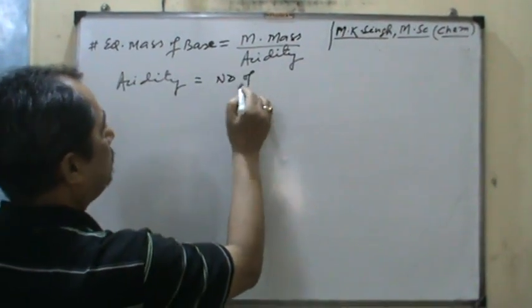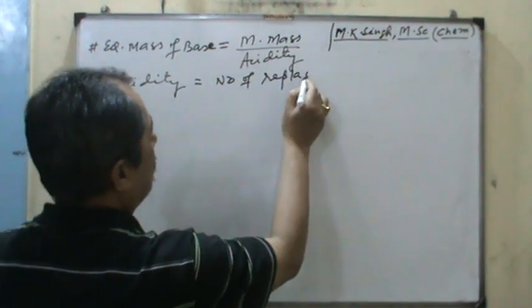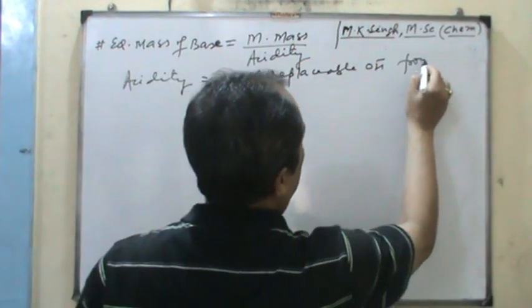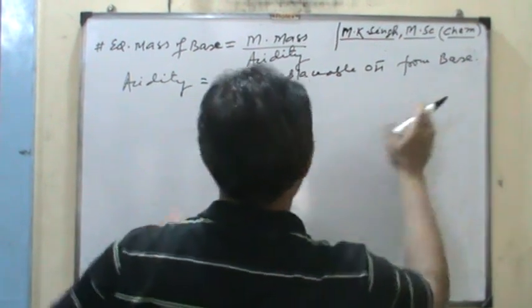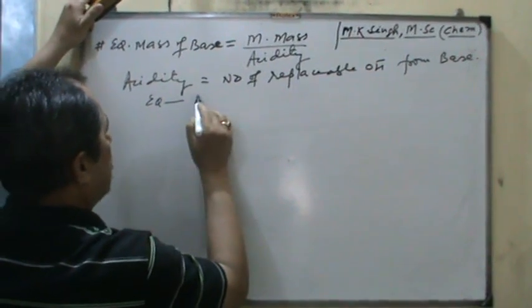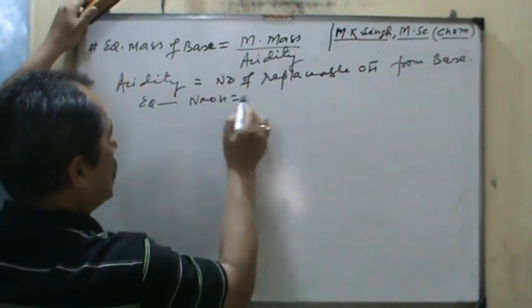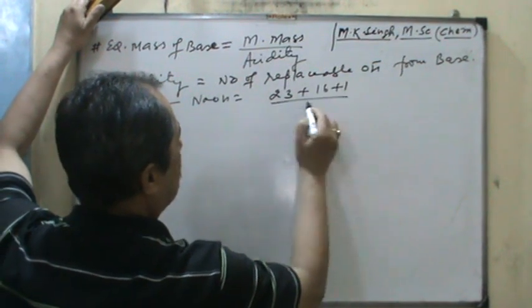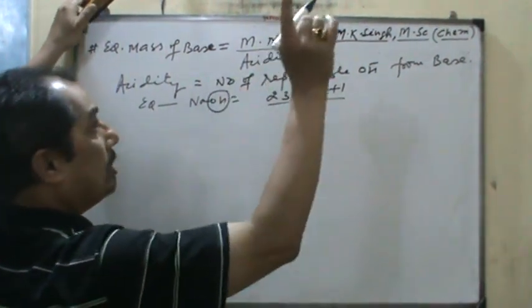Number of replaceable OH ions from the base. For example, equivalent mass of NaOH, 23 plus 16 plus 1. How many OH are here? Only 1.